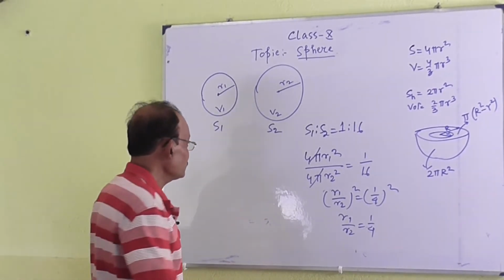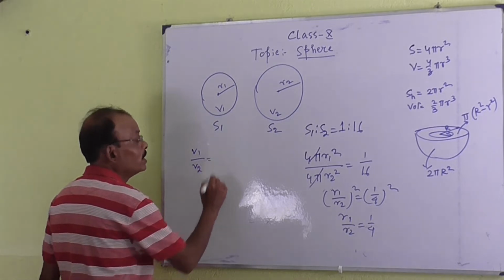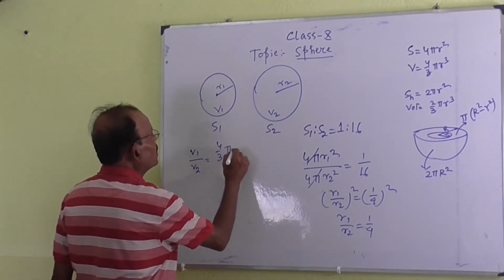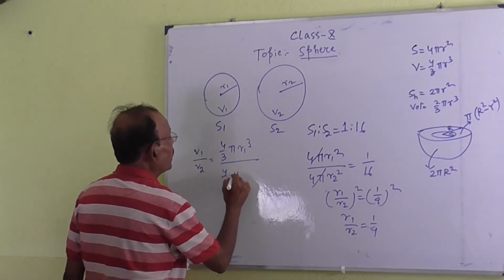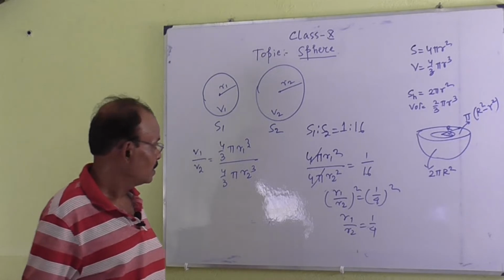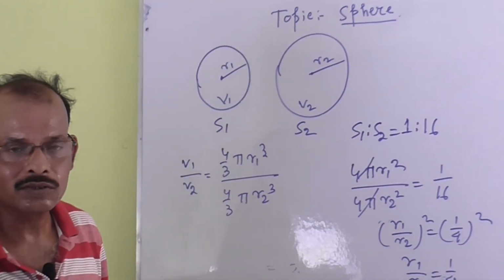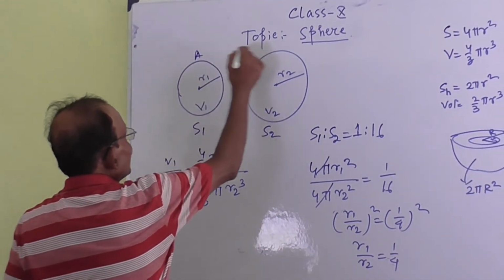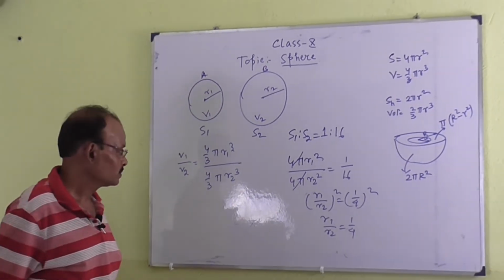Clear? So, V1 by V2 is 4 by 3 pi r1 cube by 4 by 3 pi r2 cube. Clear? Because I have chosen the two radius of the two spheres. Let us take A and B spheres, its radius r1 and r2.